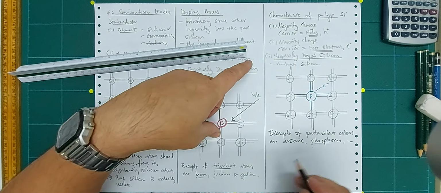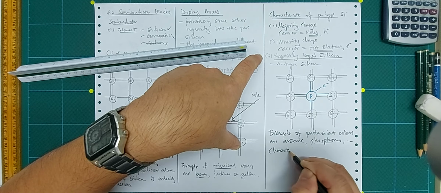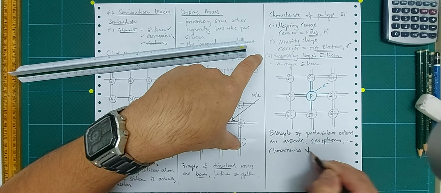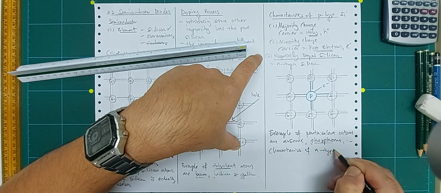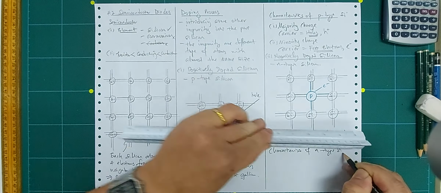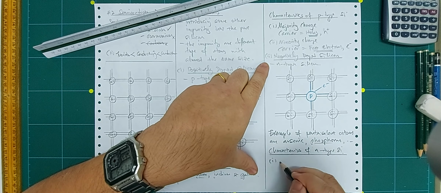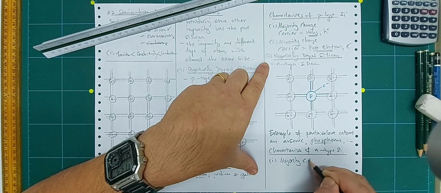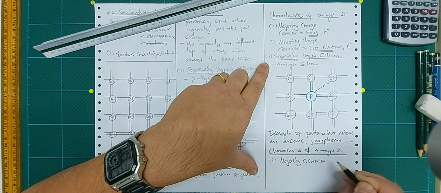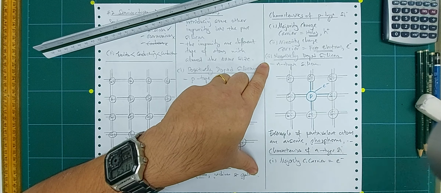So that means the characteristic now is the opposite. Characteristics of N-type silicon: number one, same thing, our majority charge carrier are these free electrons.